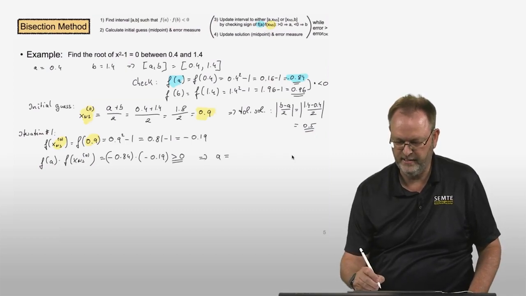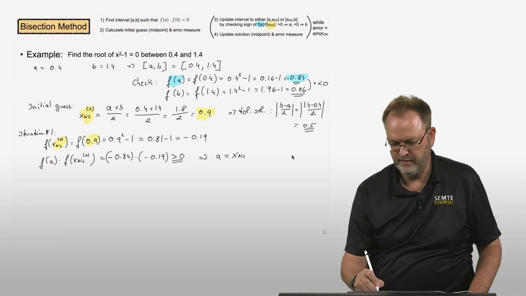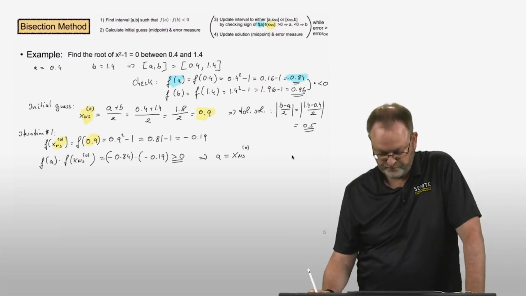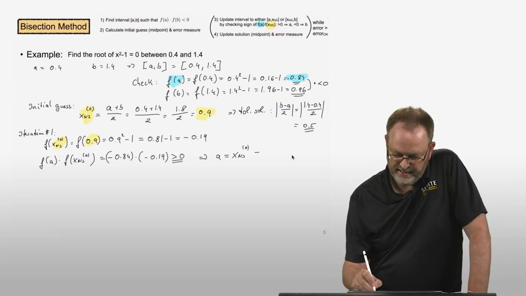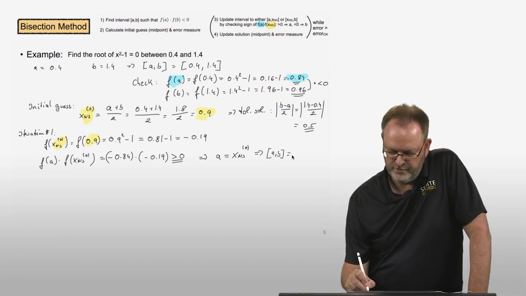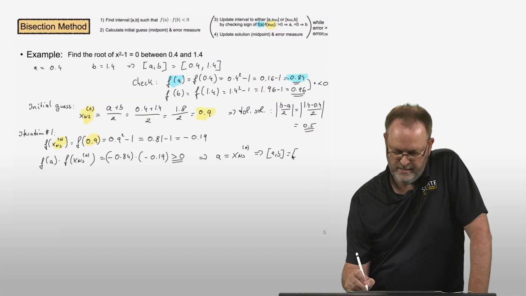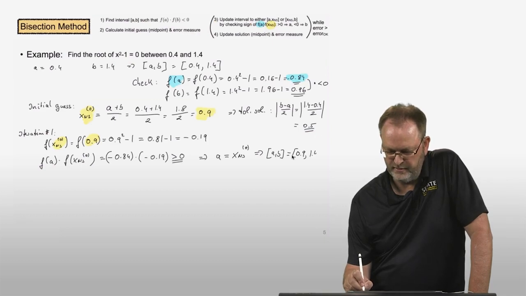So I'm going to set a equal to my numerical solution that I currently have, which now means that the interval that I'm looking at, ab, is equal to a was 0.9, the numerical solution, and my right bound is still 1.4.